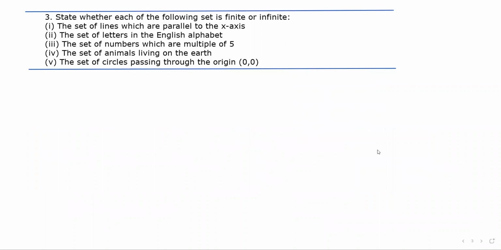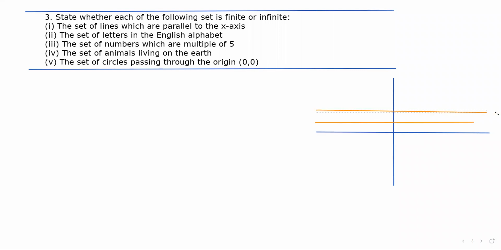Exercise. State whether each of the following sets are finite or infinite. First, a set of lines parallel to x-axis. So if you have your x-axis and y-axis, we know that by observation, you can draw infinite lines which are parallel to x-axis, because there are infinite points on y-axis.